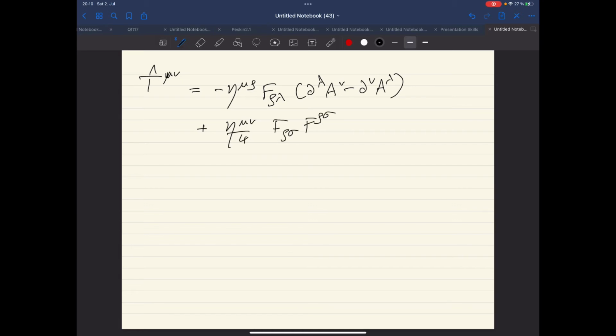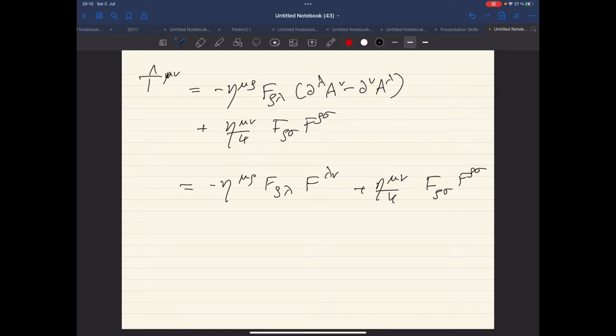Okay, so it has shortened up a little bit, and now this is already the definition of the electromagnetic tensor. So I will get minus eta mu rho F rho lambda F lambda nu plus eta mu nu over 4 F rho sigma F rho sigma.